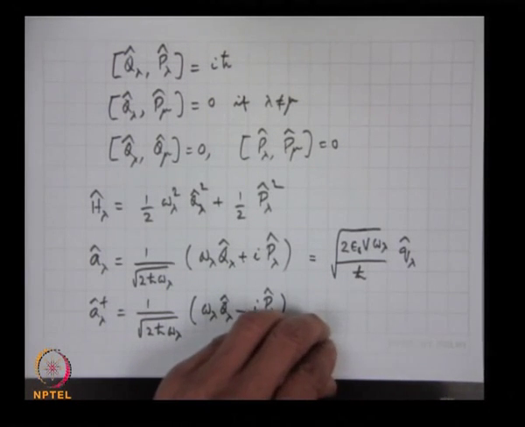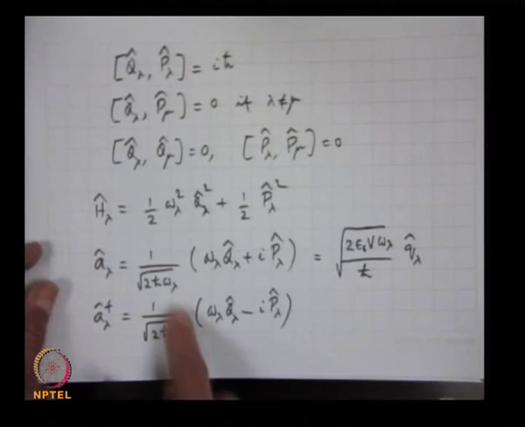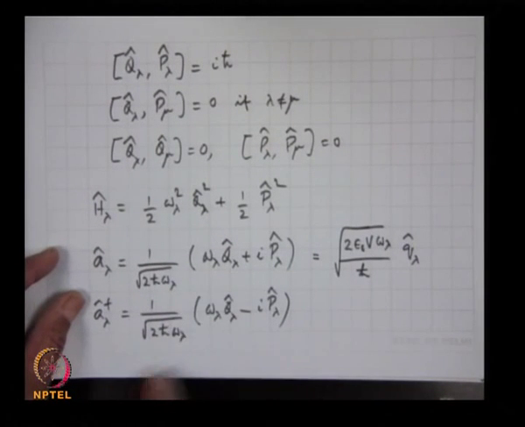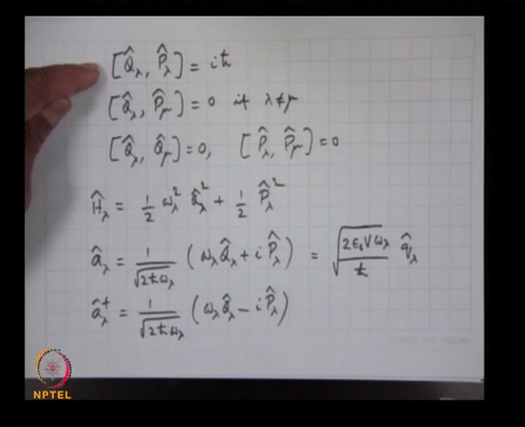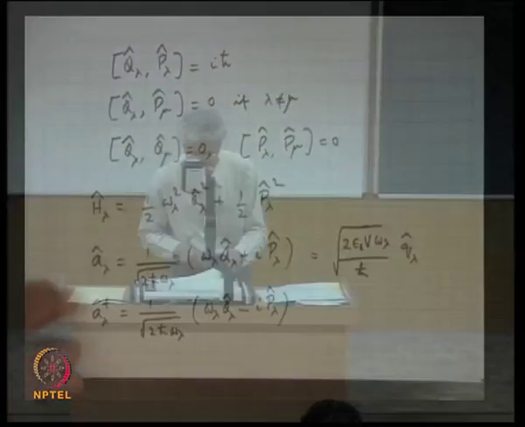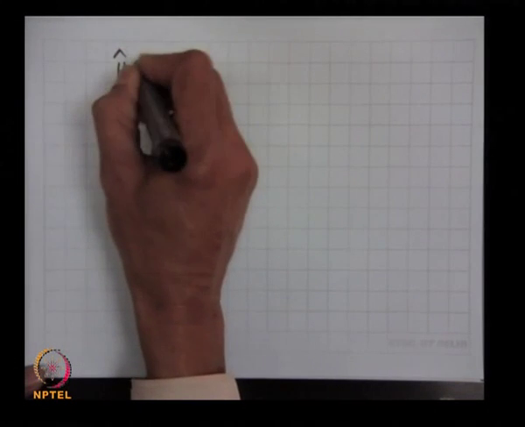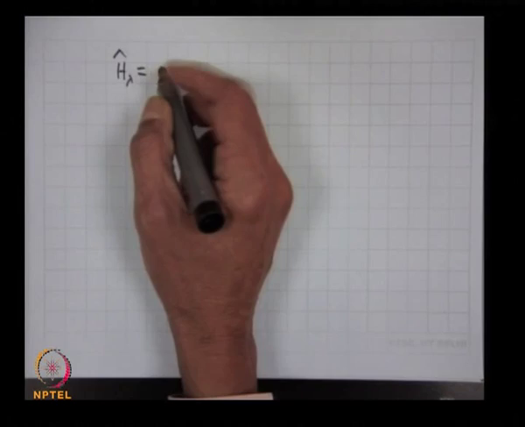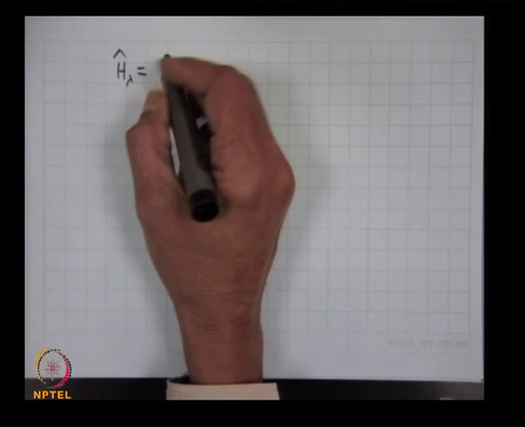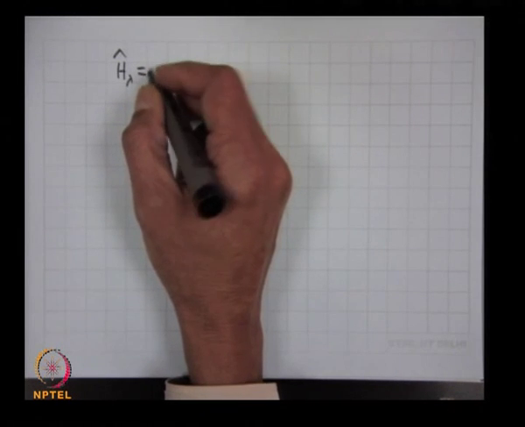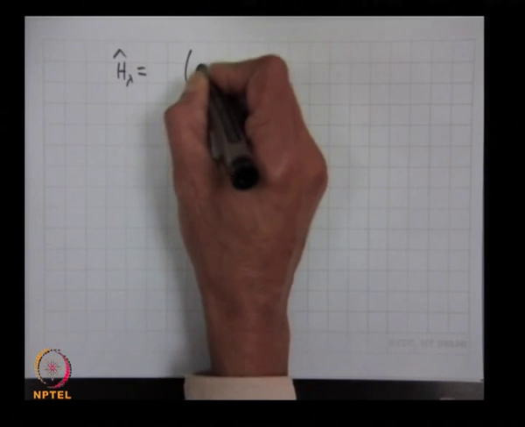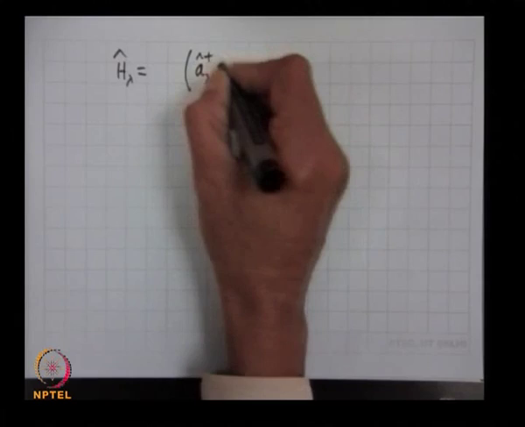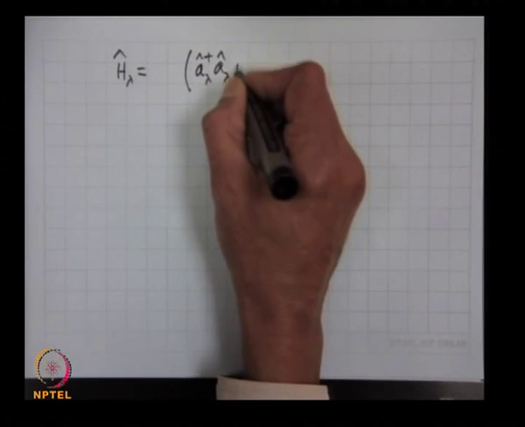And so the Hamiltonian, if I substitute this and use the commutation relation, what you will get is essentially h cross omega lambda into a lambda dagger a lambda plus half.